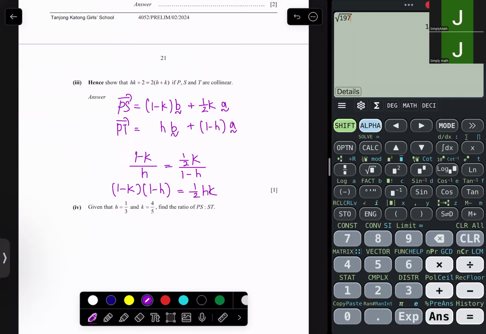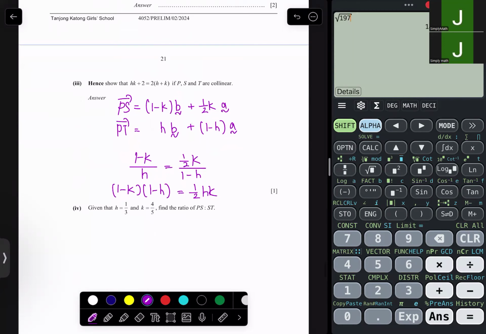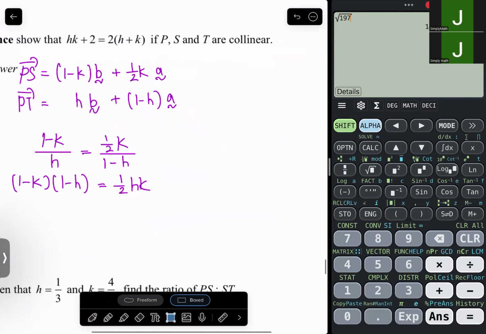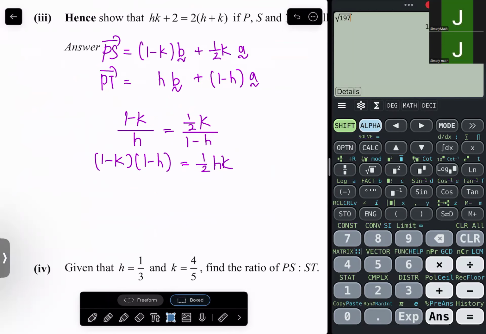All right. What is supposed to be 1 mark only? Maybe I'm missing something. Oh, okay. So then we'll have 1 minus H minus K plus KH equals to half HK.